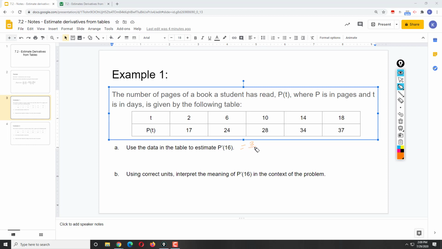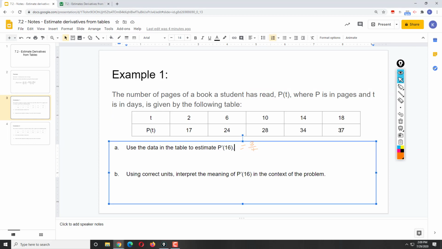From the graph. Now let's do this algebraically using the slope formula. To estimate the slope at t equals 16, we'll use t equals 14 and t equals 18 to estimate. Those are the two closest points. t equals 16 is right in the middle. So we find the slope using these 2 points.